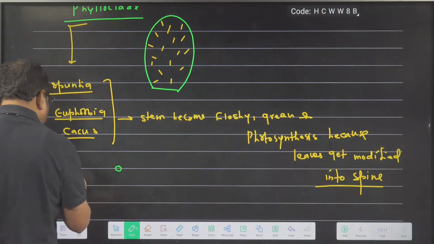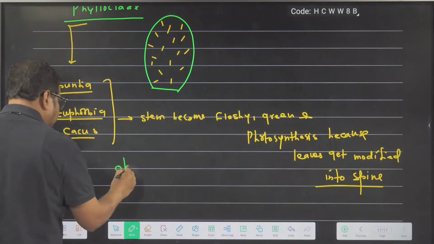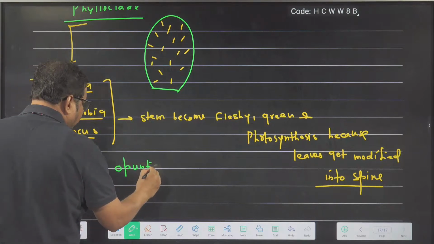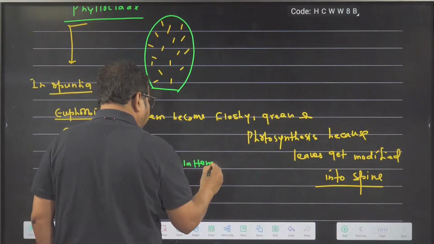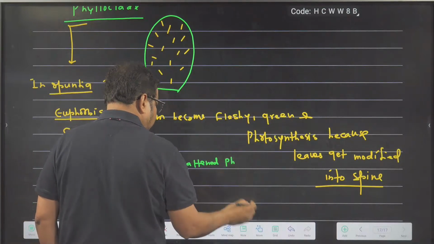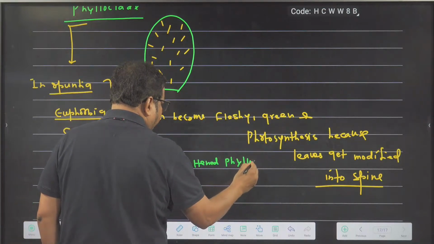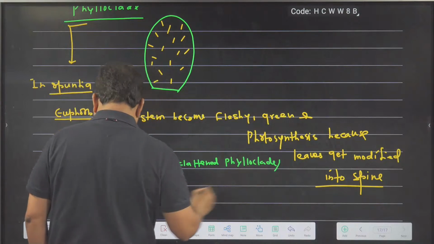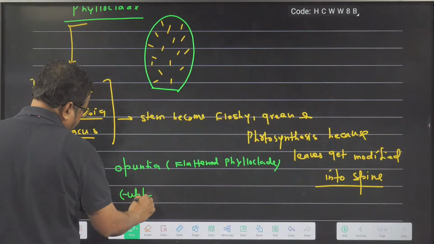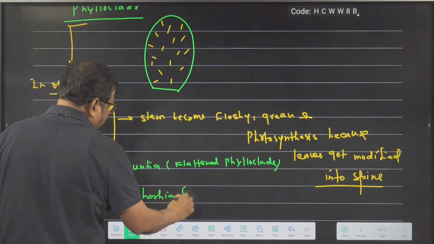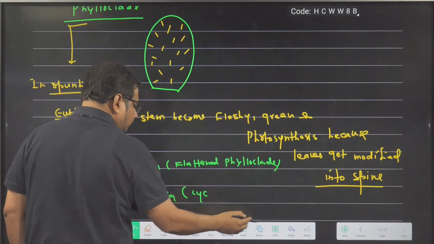In Opuntia, flattened phylloclade is there. And in Euphorbia, cylindrical phylloclade is there.